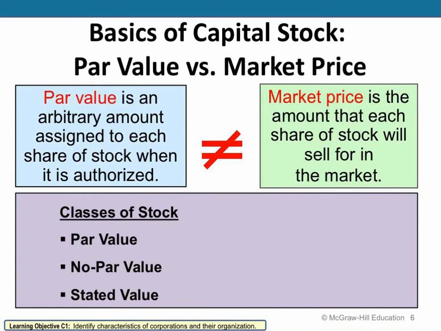The par value is going to be an amount that is required to be kept in capital. So from an accounting standpoint, we're just going to have to list that separately on our journal entries. From a business standpoint, you're going to have to pay at least that amount into the business when those shares are issued to hold that amount.